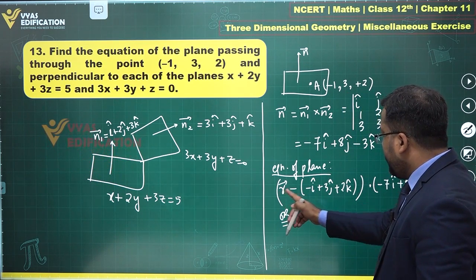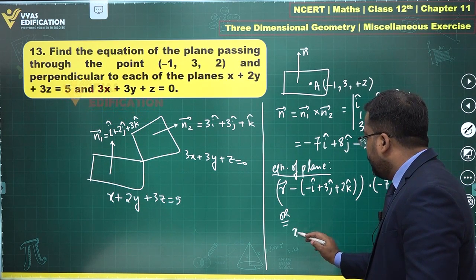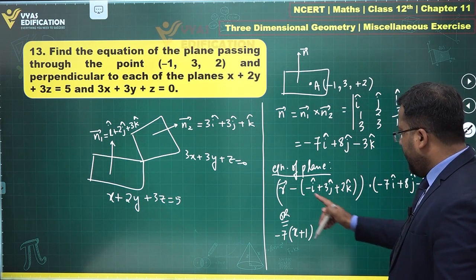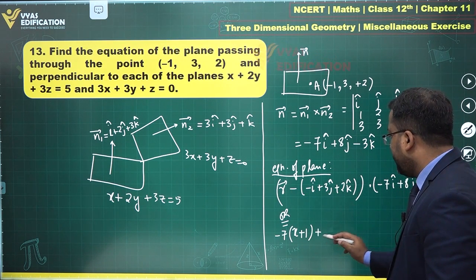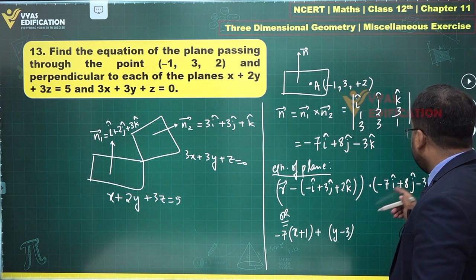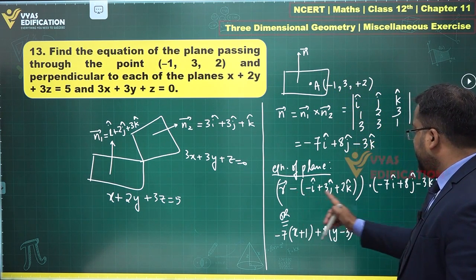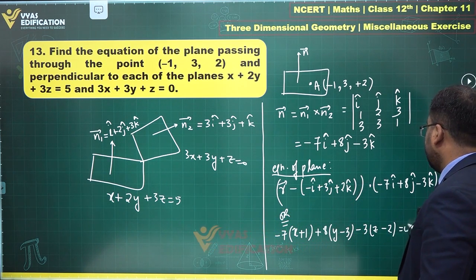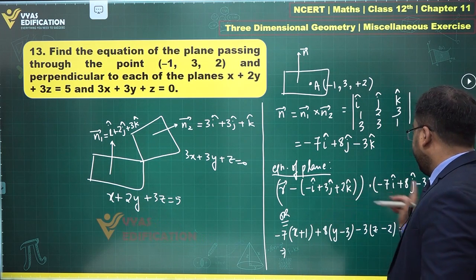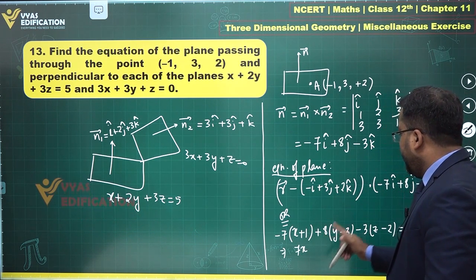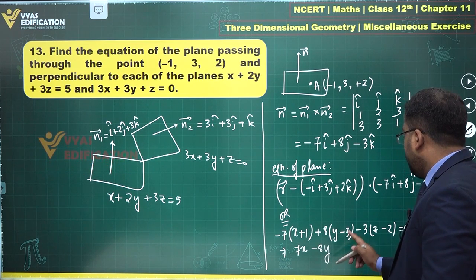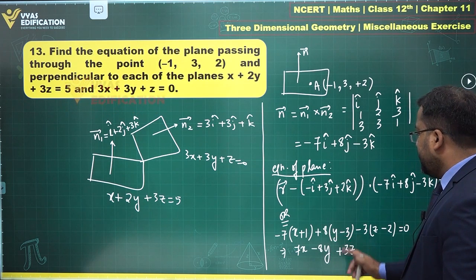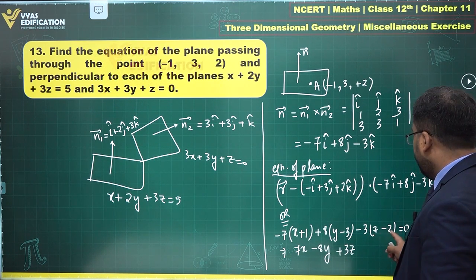And what you'll get is x minus of minus 1, which becomes x plus 1, dot product with minus 7. Then you have y minus 3 with 8. Then you have z minus 2 with minus 3, is equal to 0, and this simplifies to, let's take 7x over there, 8y over there, and 3z over there, and what remains is minus 7 minus 24 and plus 6.